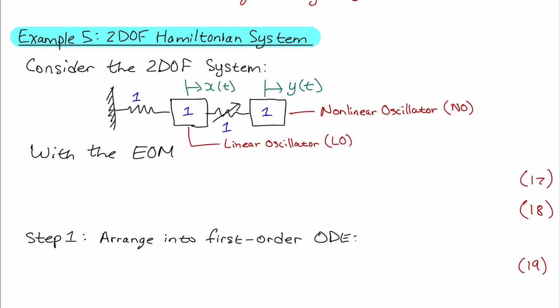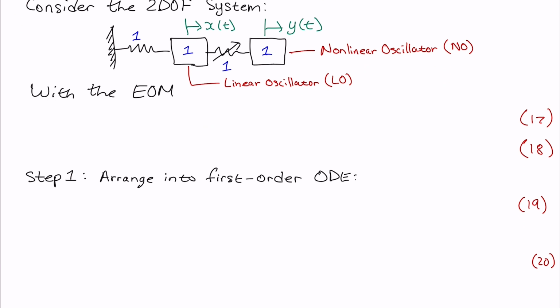All right, so the equations of motion for this system are the following. We'll have x double dot plus x plus the quantity (x minus y) cubed equal to 0, that's equation 17, and then we'll have y double dot plus the quantity (y minus x) cubed equal to 0.